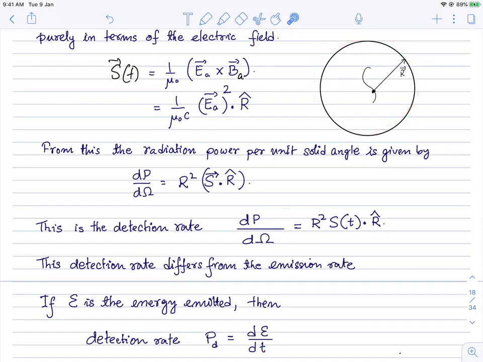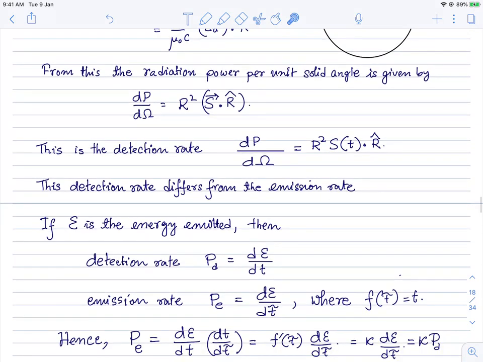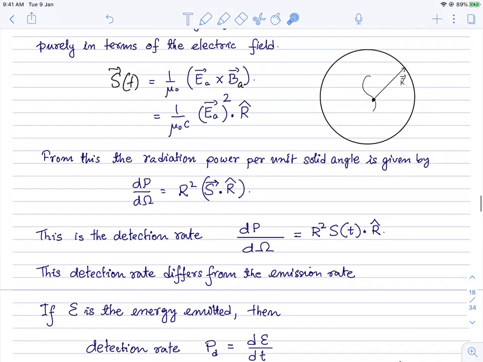Now this is the power which is being detected, but this power going out through the surface at large distance at time t was emitted by this particle at time t tilde, which was a time earlier, right?